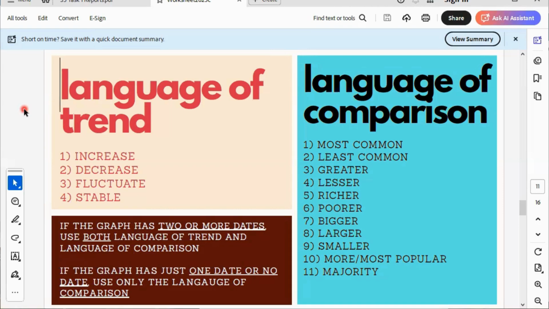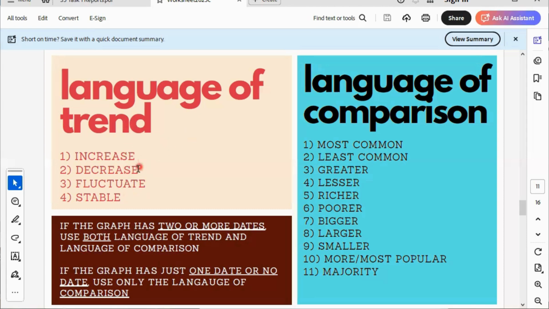Okay? The first one is called language of trend. Assuming we are doing a physical class, I will have said, somebody say trend. Language of trend. Okay? When it comes to language of trend, there are some words that should show up. These are the words that represent language of trend.